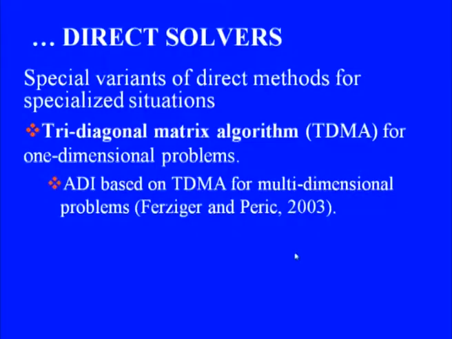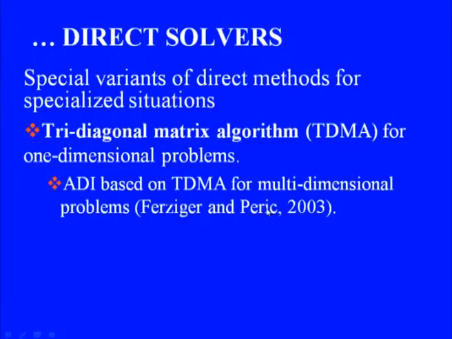And this TDMA, we will see a little later, has a computational complexity of O(n). We can also derive for multidimensional problems some iterative schemes, what we call alternating direction based schemes, which are based on TDMA. We will not take up these schemes in the present lecture.